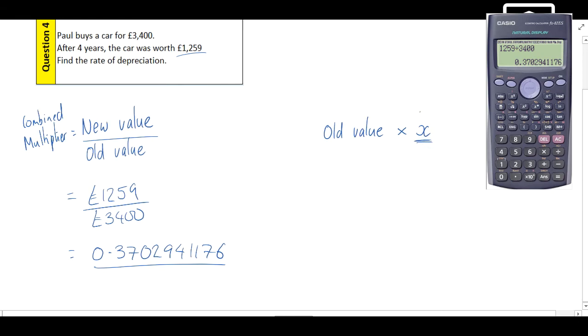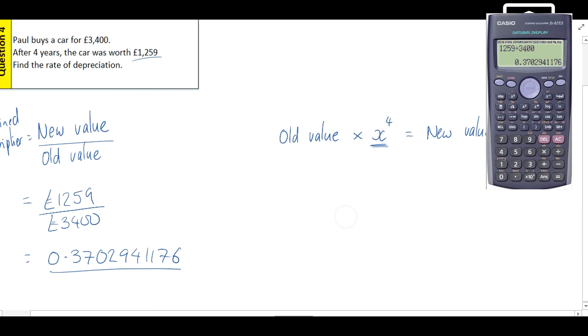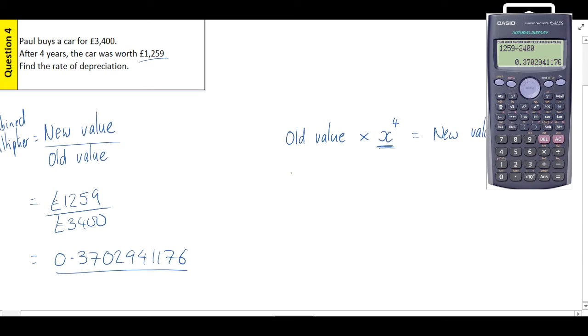Now that has been raised to the power of 4 because there were 4 years, and that's going to give me my new value. So putting these bits of information in, my old value, 3,400 multiplied by x to the power of 4 is equal to 1259.